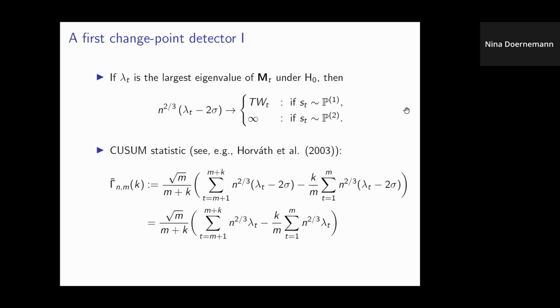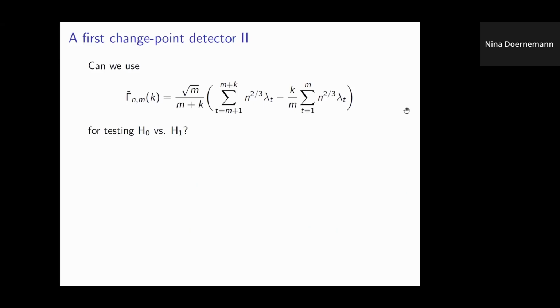So I think this is a very natural idea for a test statistic. At least it was the first idea that we came up with. So the question is, can we use this statistic for testing what we're interested in?